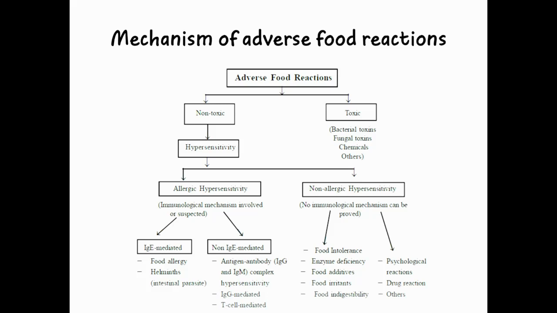Okay, so allergic hypersensitivity is again IgE immunoglobulin mediated, and again we have non-immunoglobulin mediated. So food allergy, helminths or intestinal parasites will occur because of IgE mediated, and under non-IgE mediated we have antigen antibody or IgG and IgM complex hypersensitivity, IgG mediated and T cell mediated.